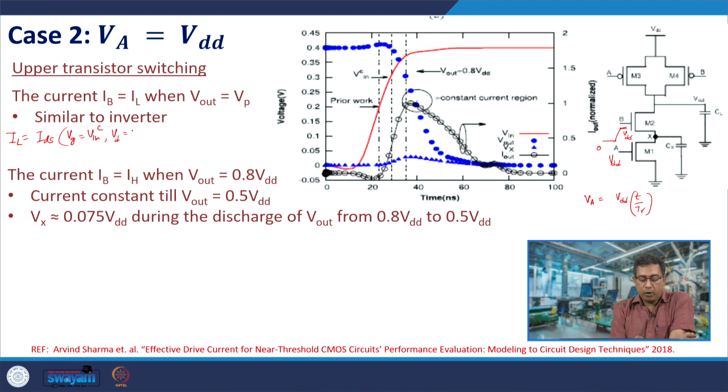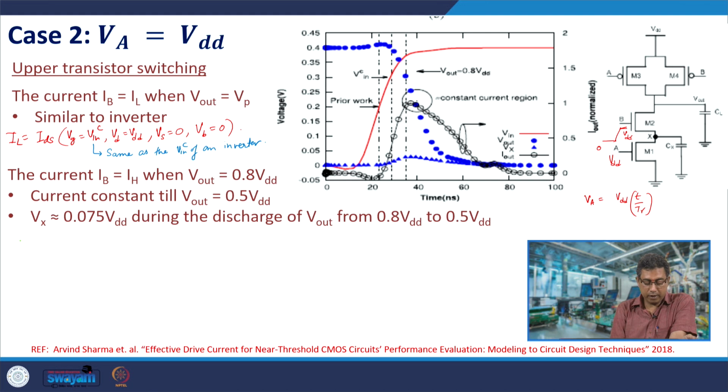Vd equal to VDD, which is this value, Vs equal to 0, Vb equal to 0, body voltage. This is the same as the V in C of an inverter.